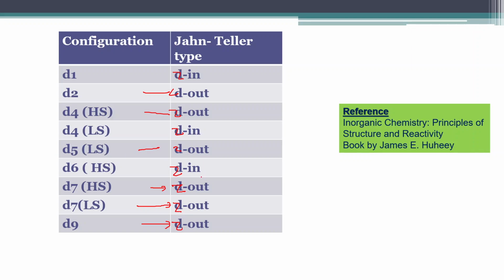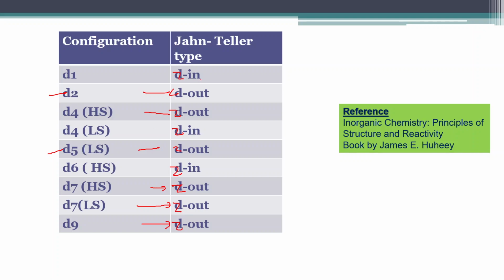The majority of them show Z out distortion, depending on the configuration.